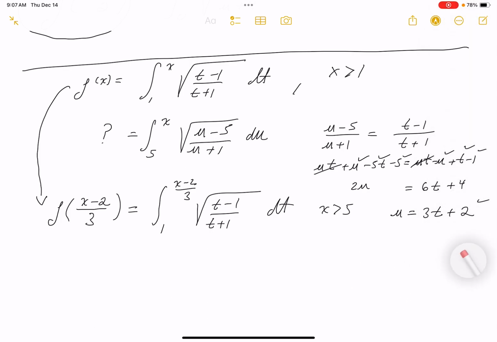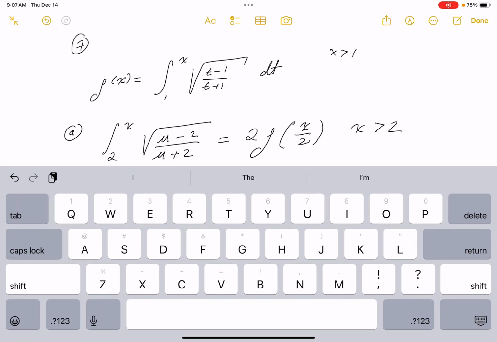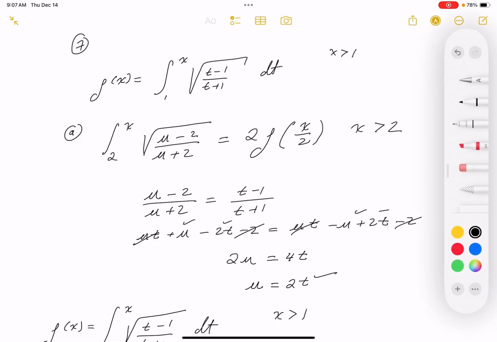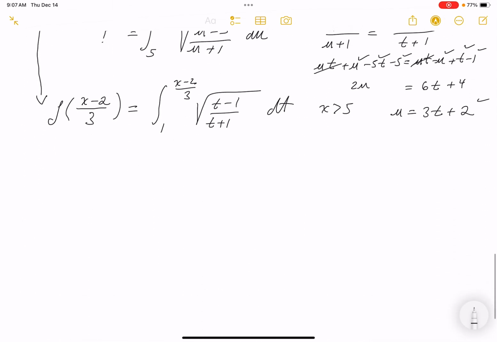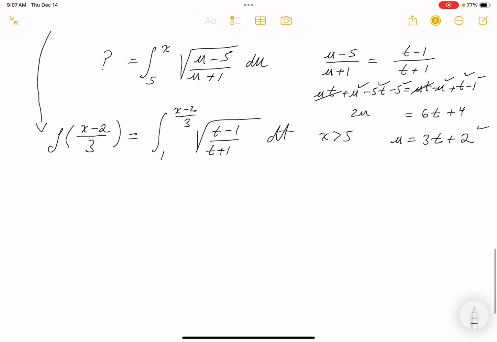All right, so what do I got to do? Sorry about that, get my pen back. Let me pull this up again. Jumpy screen, right? So du is going to be 3 dt.